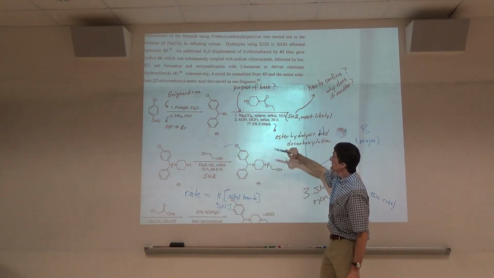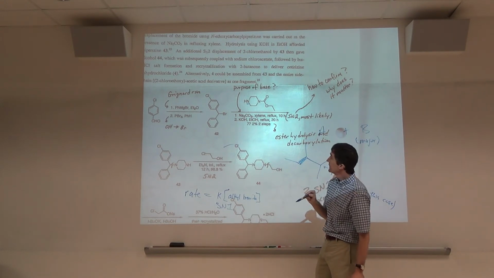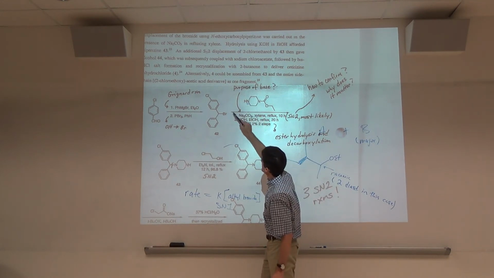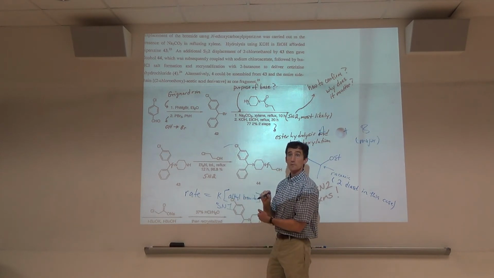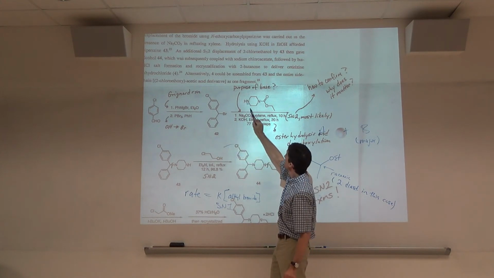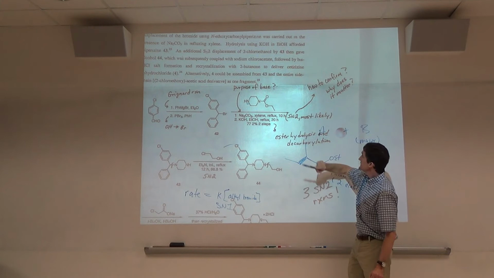Ten hours of heating seems like a pretty slow reaction. Why do you think it's slow? Well, a little bit of sterics. It's secondary. Now, if that was tertiary, you wouldn't do it at all if it was SN2. I say it's SN2 most likely.